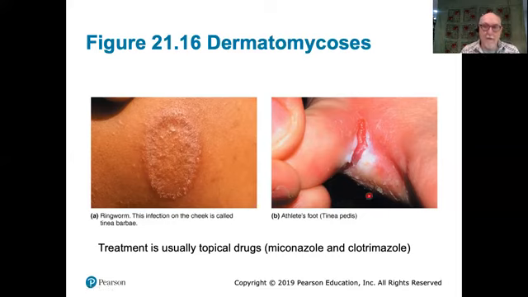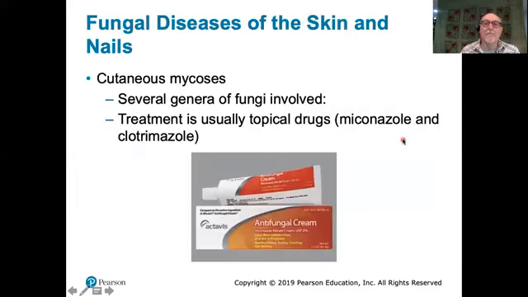If you do have it, you just need to be assiduous about treating it for a good long time, for a couple of weeks, in order to ensure that you get rid of it. But you will, in actual fact, never really get rid of the organism. You just want to beat it back and try to establish a normal skin flora, which will keep it in check. Easily treated with over-the-counter things like miconazole, clotrimazole, any of these antifungal things.